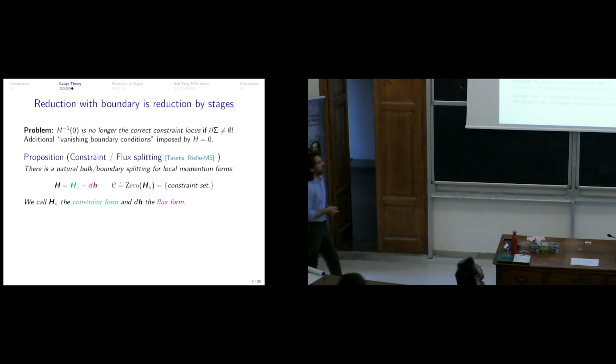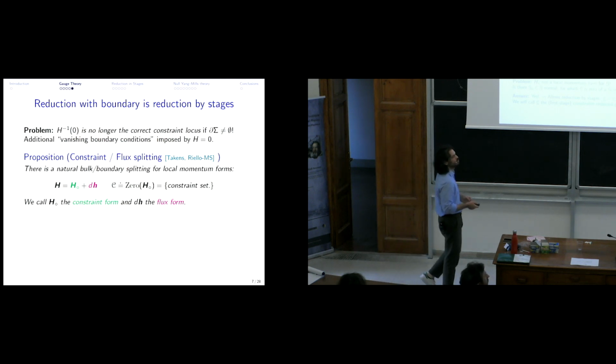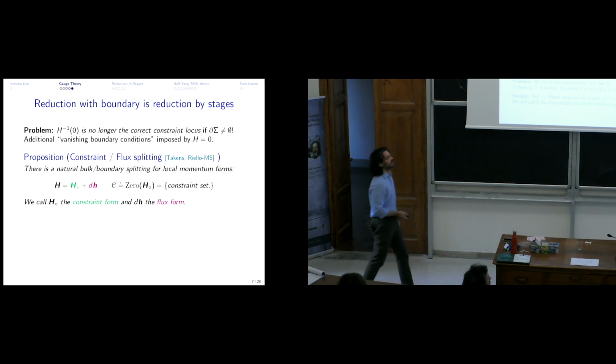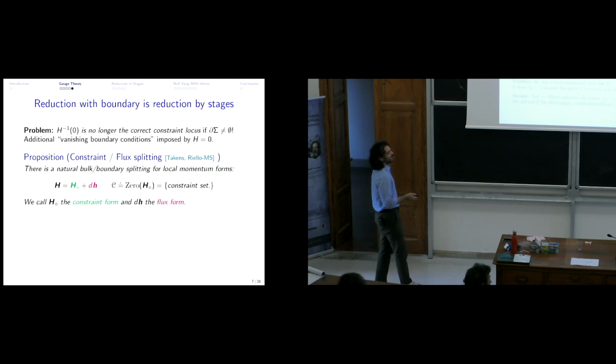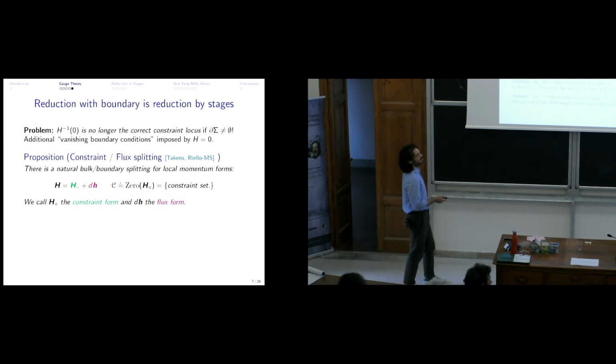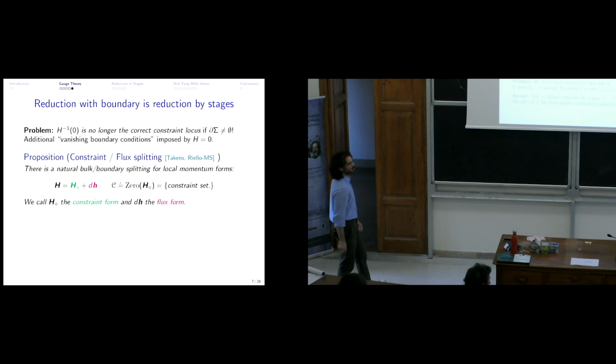Well, it turns out that for local momentum forms, there is a natural decomposition, which is an application of a theorem due to Takens, which exactly splits the momentum form in something that vanishes in the right place, so at the constraint set, plus a boundary term.